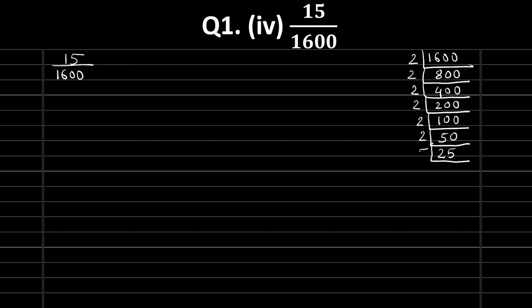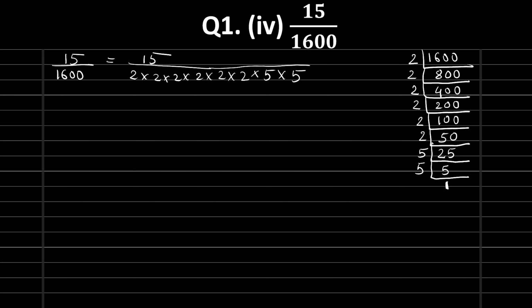Now, 25 on dividing with 5, we will get 5 as a quotient. Finally, 5 on dividing with 5, we will get finally 1. So, therefore, we can write down 1600 in the form of, the prime factorization of 1600 will have 15 upon 2 into 2 into 2 into 2 into 2 into 2. So 2 has been multiplied 6 times, right? And along with that we have twice 5.